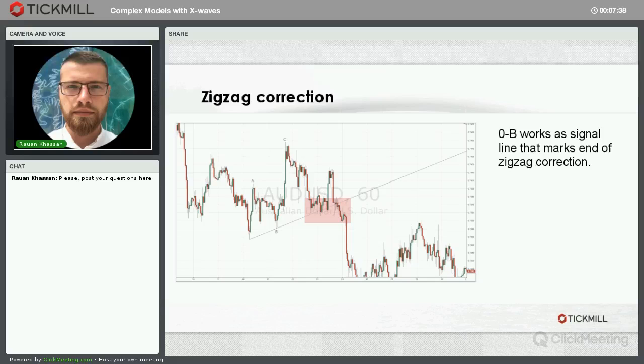The signal line connects the starting point 0 and the finish point of wave B. Once it is tested and broken, it marks the end of zigzag correction and confirms the continuation of main trend move.